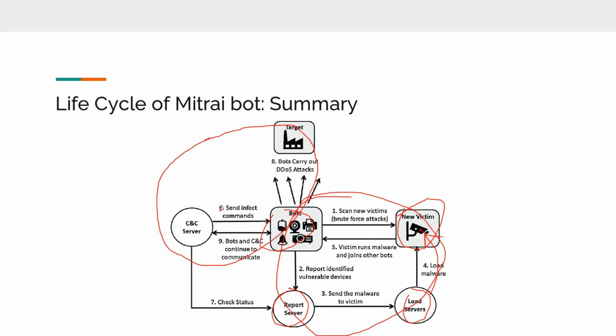The CNC server sends commands to the bots to perform a particular attack, like we have seen: TCP SYN attack, DNS flood attack, and DNS amplification attack. When the bots receive the command, they all perform the attack at their scheduled time, and they communicate with the CNC server for internal communication.